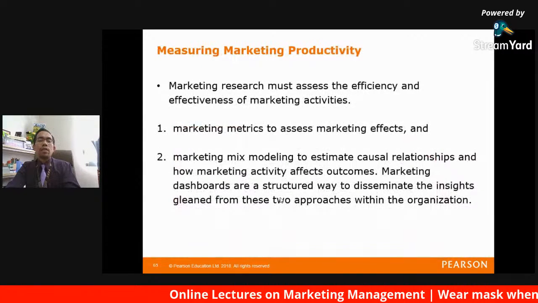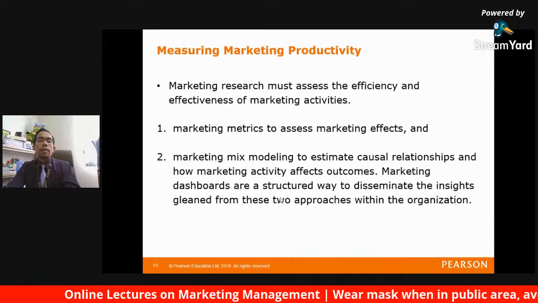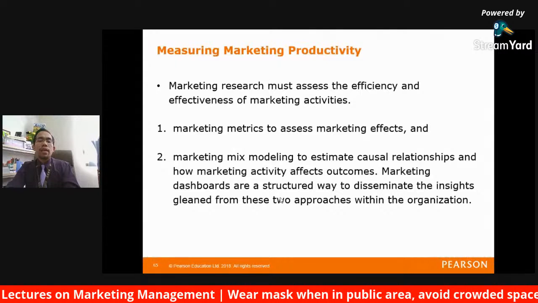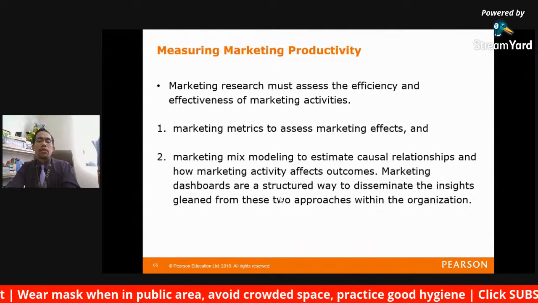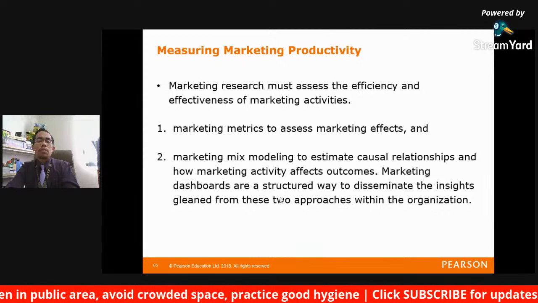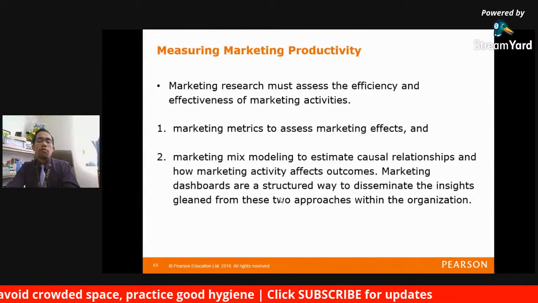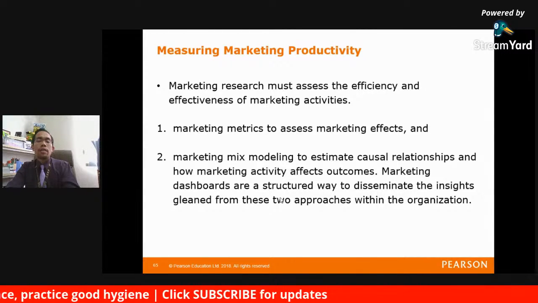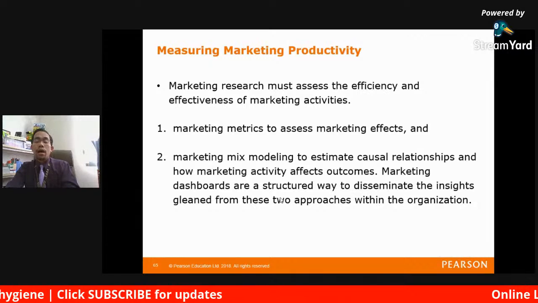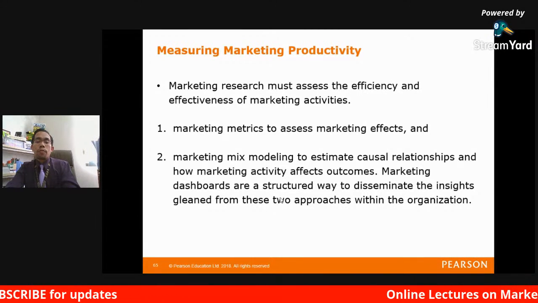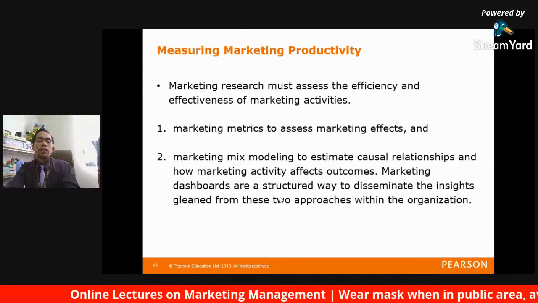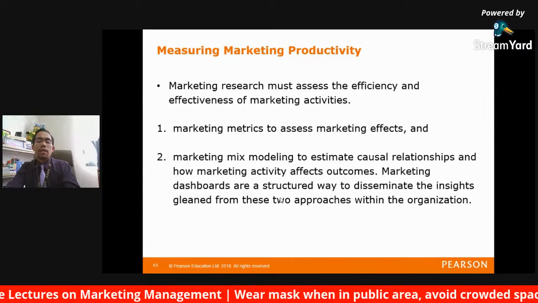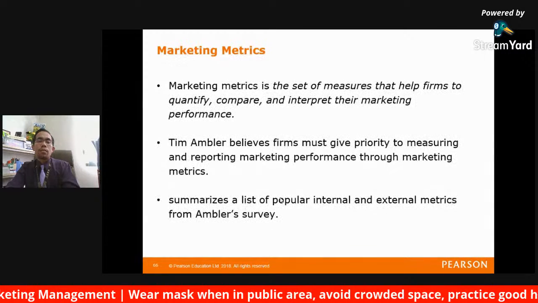Mentioning marketing productivity. Marketing research must assess the efficiency and effectiveness of marketing activity. Marketing metrics assess marketing effect, and marketing mix modeling estimates causal relationships and how marketing activity affects the outcome. So marketing dashboards are a structured way to disseminate the insight gleaned from these two approaches within the organization.